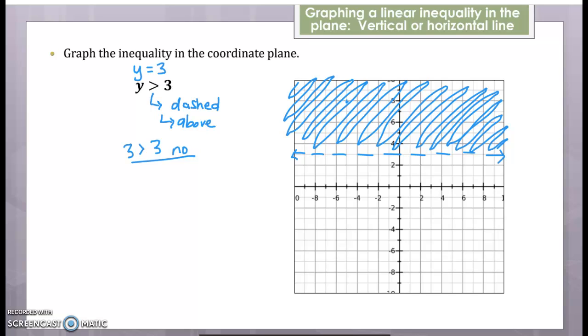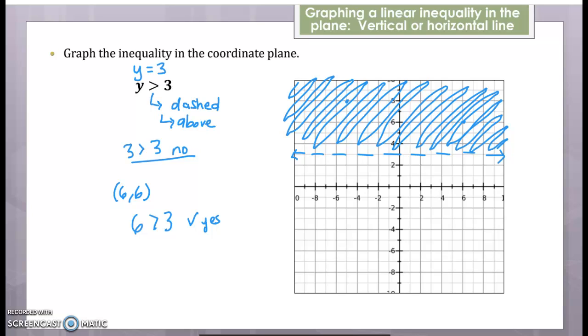If I picked any of the points in here, let's pick this point, 6, 6. If y is 6, let's plug it into our inequality. Is that greater than 3? Yes. So I know that point is in my region of solution.